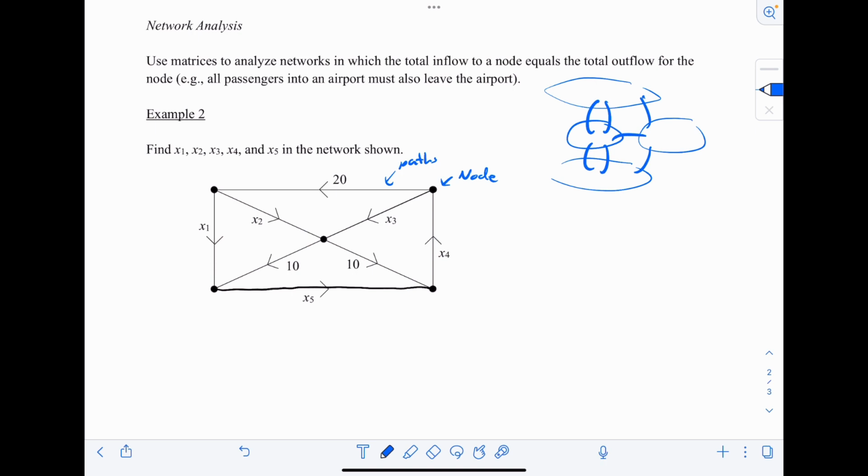So if this node represents an airport, then the flow coming in is people flying into the airport, and the flow going out could be people not only flying out of the airport, but maybe just leaving the airport. They've reached their destination, things like that.